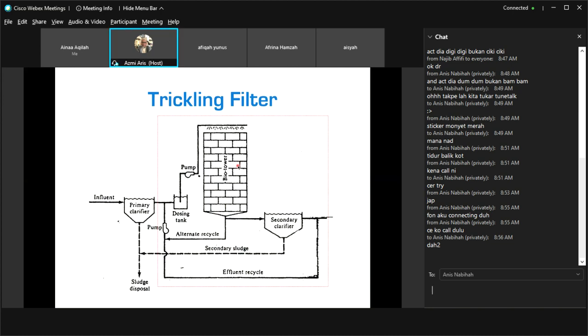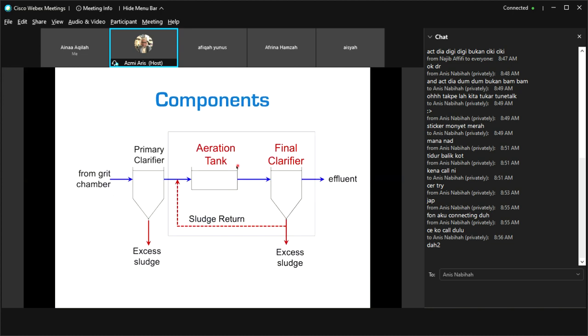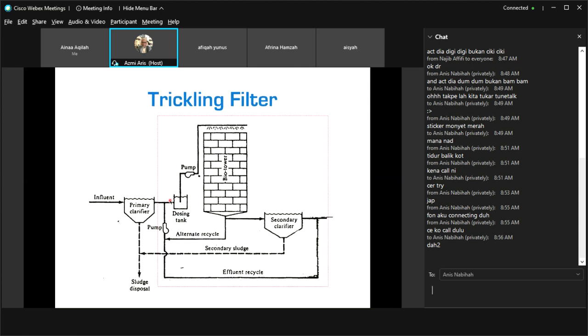Another main difference between trickling filter and activated sludge is that we have return sludge for the aeration tank. But for the trickling filter, the sludge is not recycled, but there is recycling of wastewater.